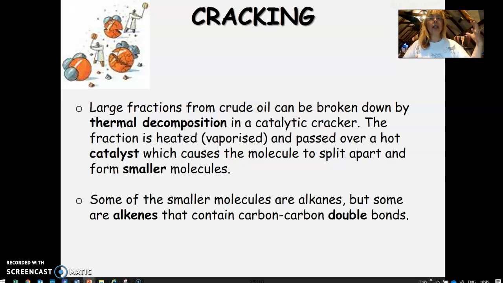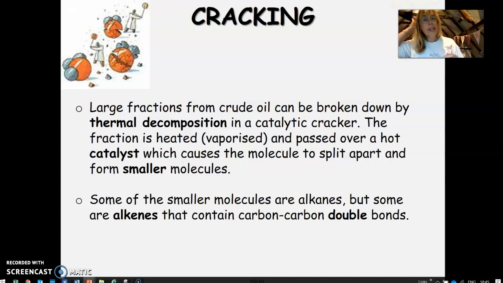So how do we go from a long chain molecule to a smaller chain molecule? Well, it's quite simple. If I've got something long and I want to make it smaller, I simply crack it. Okay, and in order to crack it, I need to put in energy.